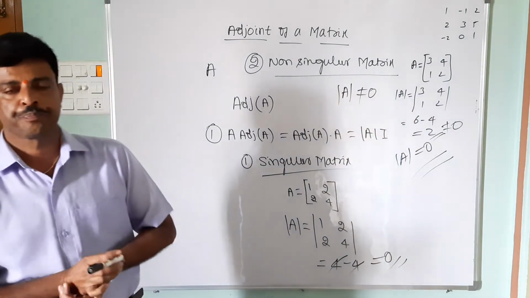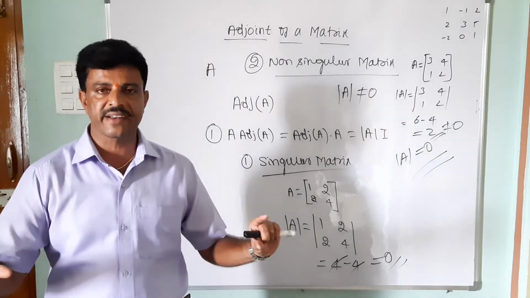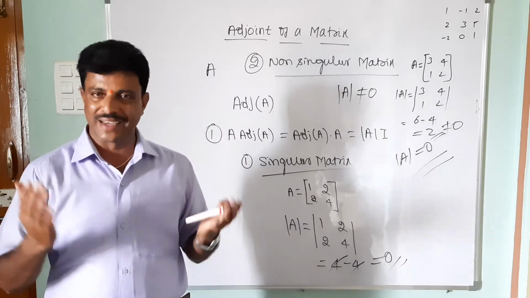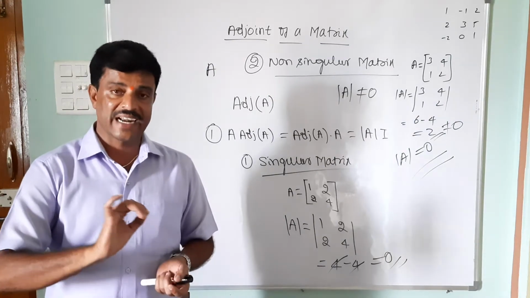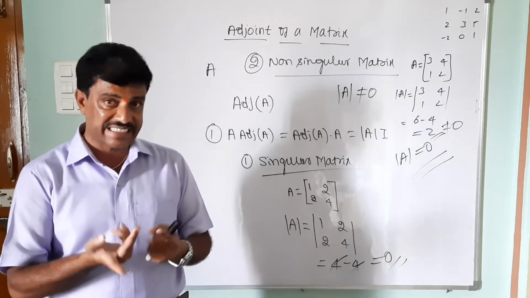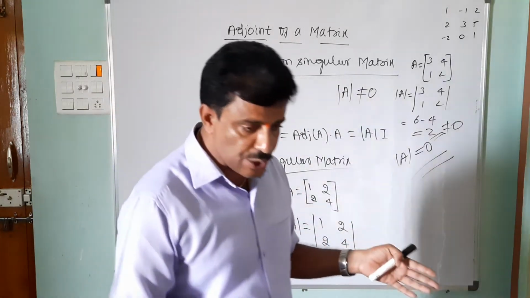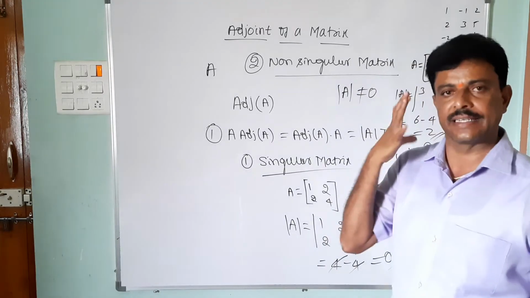Did you understand? Once again, first the definition of the adjoint of a matrix, which is very easy. Let A be a square matrix. Write the cofactors of matrix A, then interchange rows into columns or columns into rows, and that is called the adjoint of a matrix.